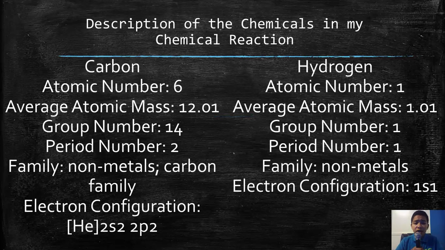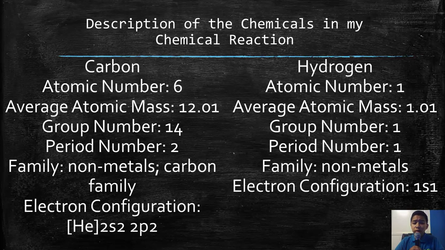So let's break down the chemicals that are involved in my chemical reaction. As you can see on the left side, we have carbon, and carbon has an atomic number of 6. It also has an average atomic mass of 12.01. If we subtract the atomic number from the average atomic mass, we would get the number of neutrons in this atom, which would be 6.01. In a neutral atom of carbon, the atomic number equals the number of electrons in the atom, which would be 6.